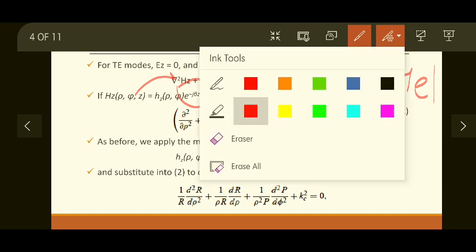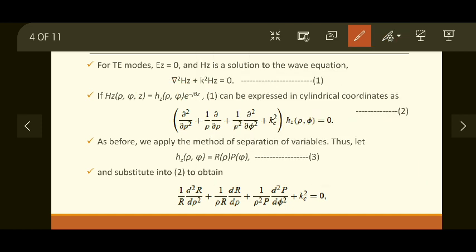Now how is this obtained? Actually this Hz consists of rho, phi and z, as said here. This is a second order differential equation. You can see there are rho terms and phi terms, but no z terms. So where has the z term gone? As I said, z corresponds to e raised to minus j beta z. So the first order differential of this with respect to z will be equal to minus j beta. Then we have to take it twice because this is a second order differential.